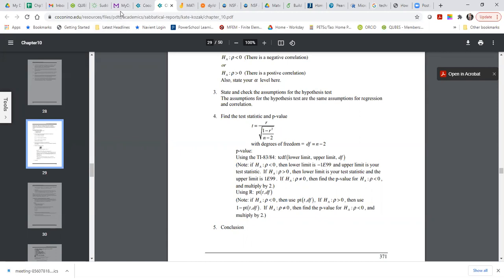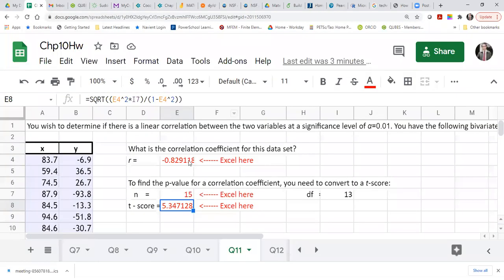So when you change this one, this one is automatically calculated.